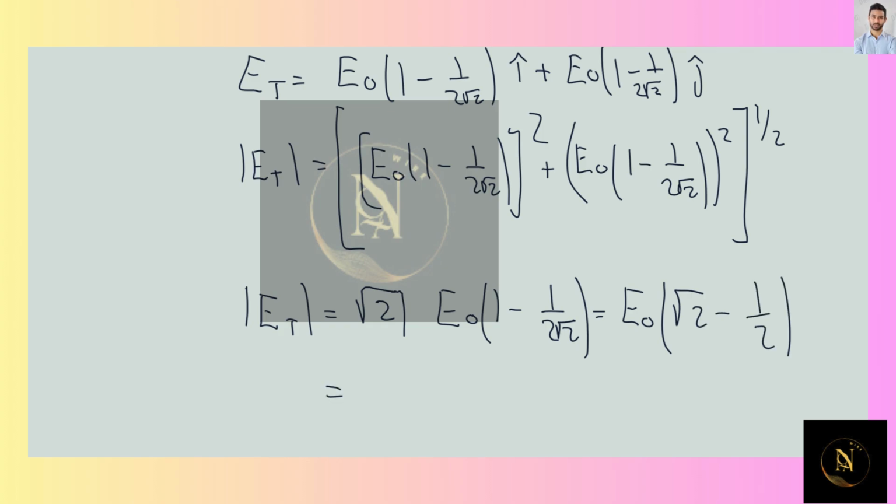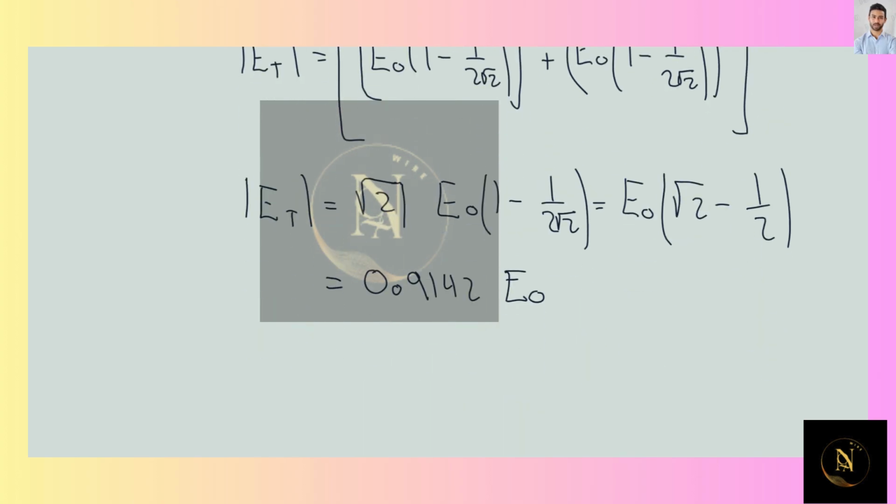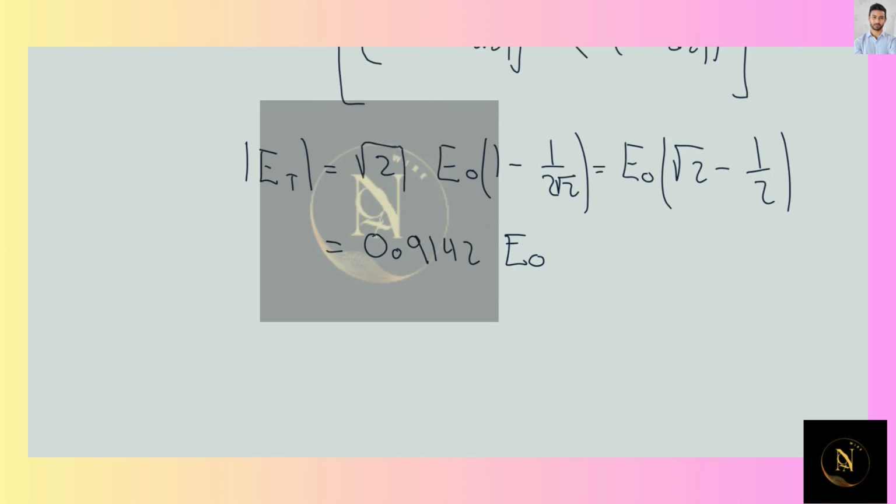Thus, you can leave it like that or plug in the numerical value, 0.9142 times E0. Now, to know the direction, what we know is that both of the components are going to be the same. So the direction is going to be 45 degrees in the positive first quadrant. So 45 degrees, 0.9142 times E0. And this would be the magnitude of the total electric field.